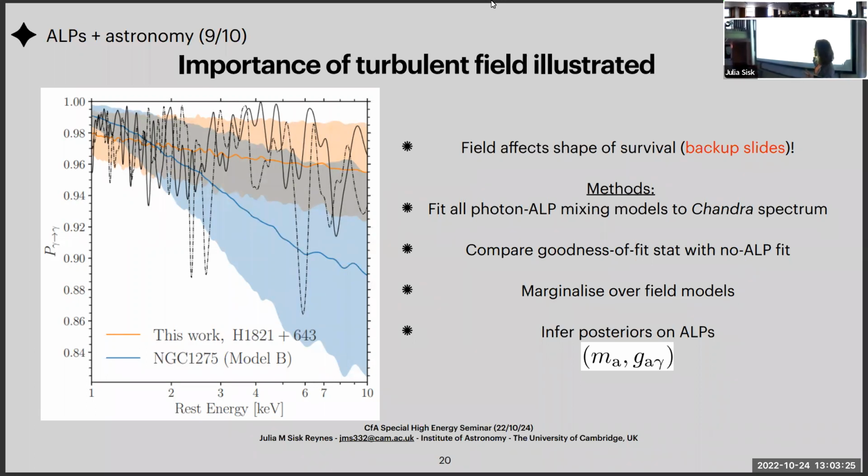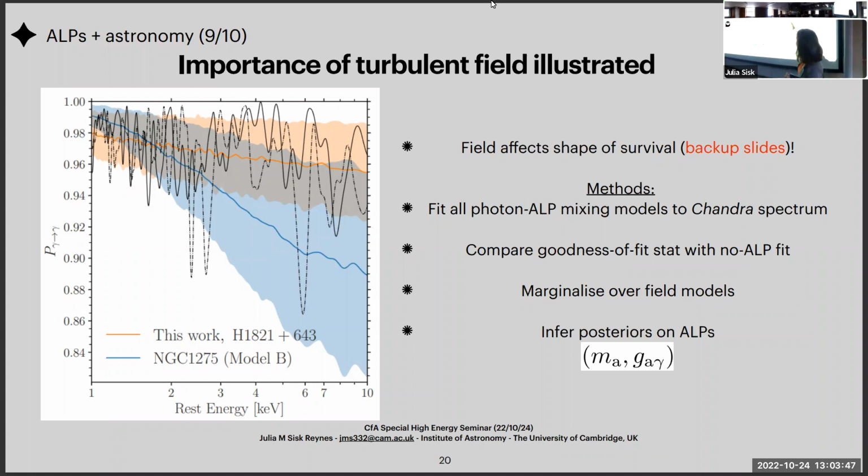And what we did was to fit each of these mixing models to the original spectrum, to our original data. And then we were able to compute how good each of these axion models were in terms of describing the data.